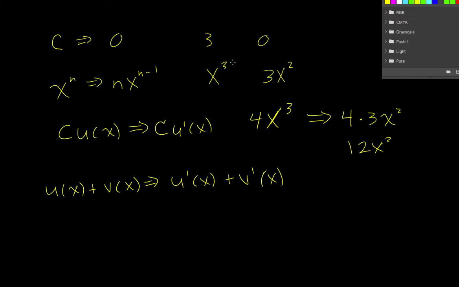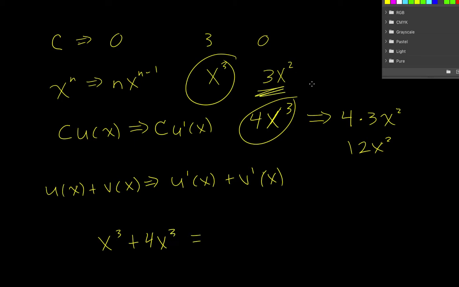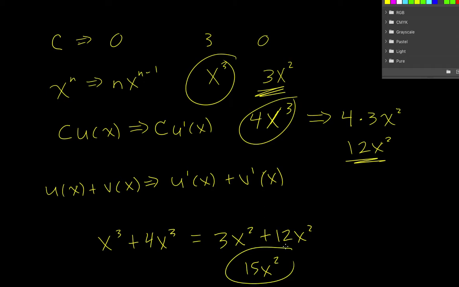So for example, if we started with this plus this, that would become this plus this. And then, of course, if we can simplify further, which we can in this one, we'll just combine like terms, and that would be our final derivative.